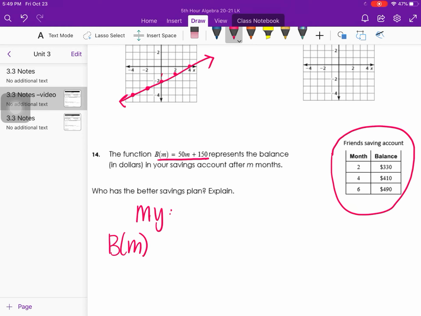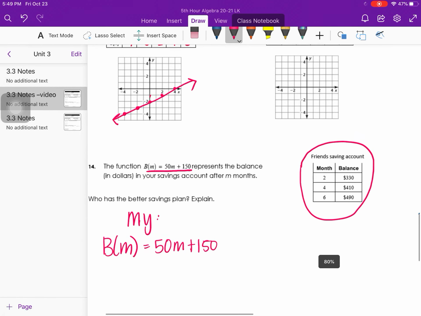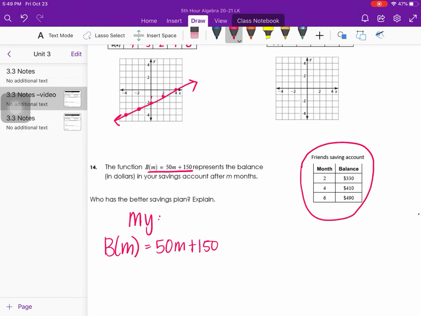The balance after a given amount of months is 150. Now I'm going to try and find out how much is my friend saving. So I'm going to erase this actually. I shouldn't have drawn that. I'm going to do my friend's work in blue. So I am going to look at how many months pass and how many dollars pass.